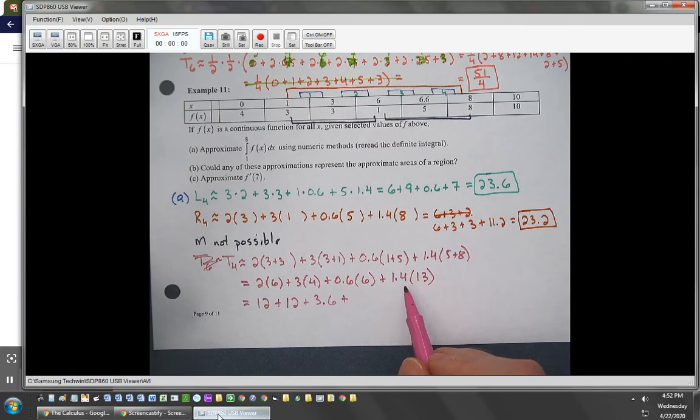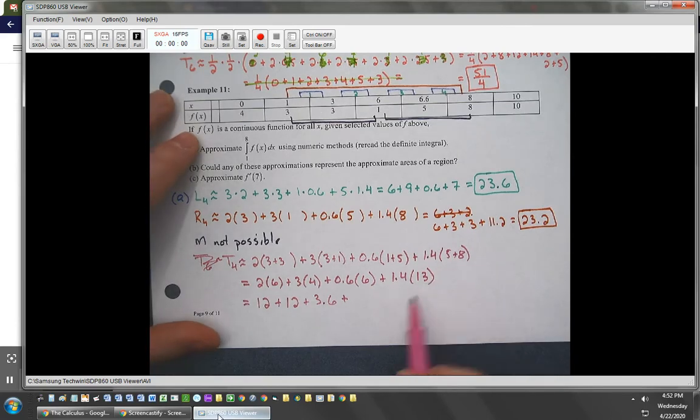Plus another 13 would be 182, but I got to move the decimal point over once, so it'd be 18.2. Well, there's no way it's going to be half of those, is it? That's 24.